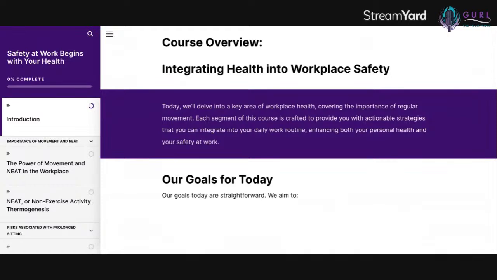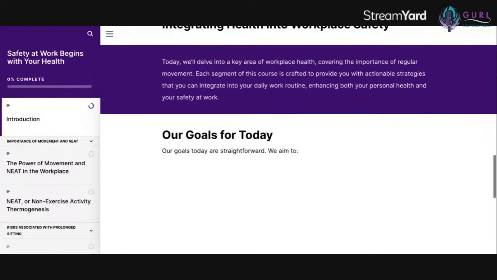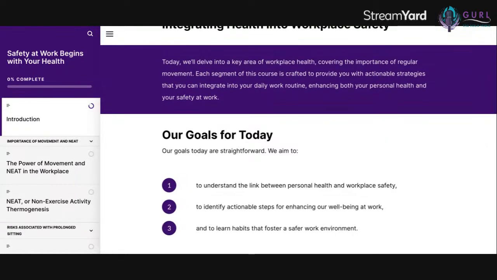So anyway, the overview of this course is this. We'll be integrating health into workplace safety. Today, we're going to delve into a key area of workplace health, covering the importance of regular movement. Each segment of this course is crafted to provide you with actionable strategies that you can integrate into your daily work routine, enhancing both your personal health and your safety at work.